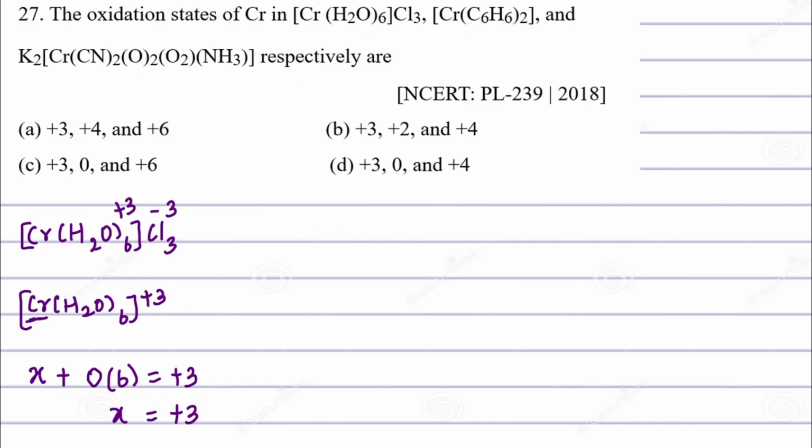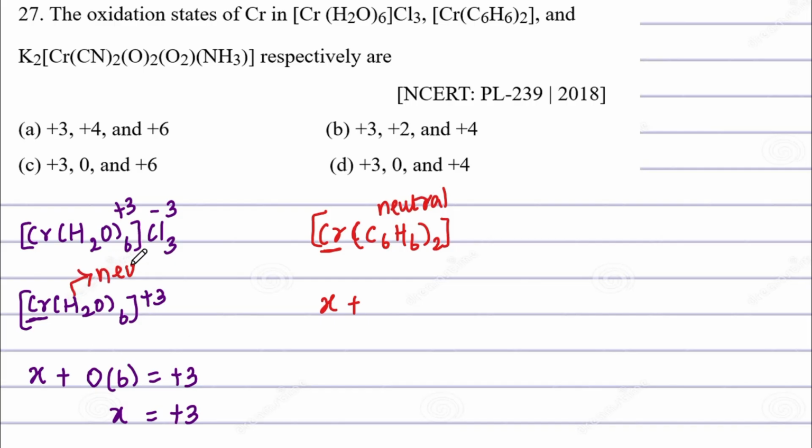Let us go to the next compound. C6H6 twice is given. So let us find the oxidation state of chromium. X plus C6H6 is benzene. Benzene is also a neutral ligand, like the water molecule.